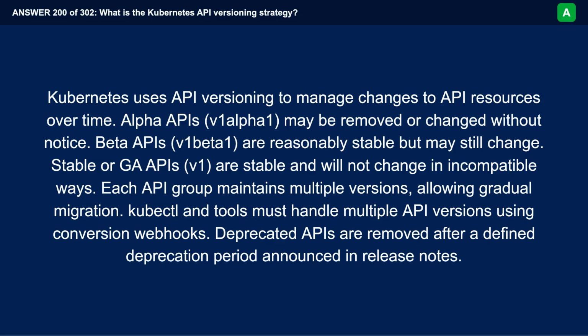Stable or GA APIs, v1, are stable and will not change in incompatible ways. Each API group maintains multiple versions, allowing gradual migration. Kubectl and tools must handle multiple API versions using conversion webhooks. Deprecated APIs are removed after a defined deprecation period, announced in release notes.